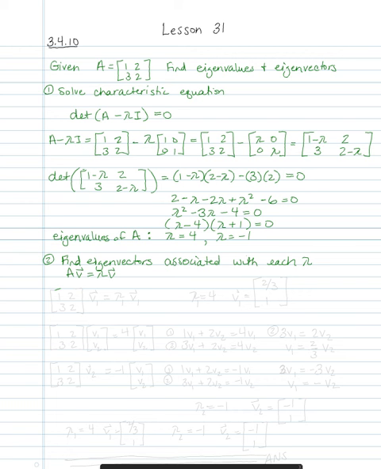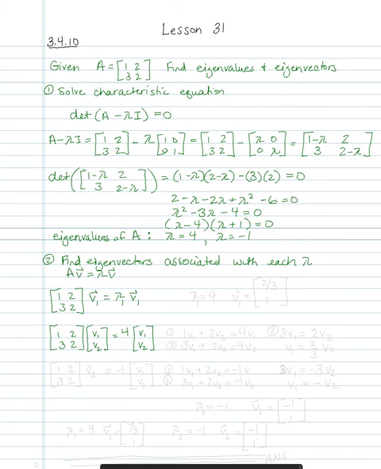So our A matrix is, again, [1, 2; 3, 2]. And then we're going to solve for vector 1, and that's going to equal our lambda 1 times vector 1. We'll say that lambda 1 is 4. So then [1, 2; 3, 2] times the vector v, which will be v1 and v2, is going to equal 4 times [v1, v2].